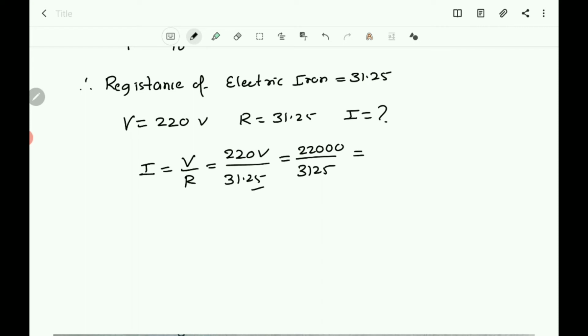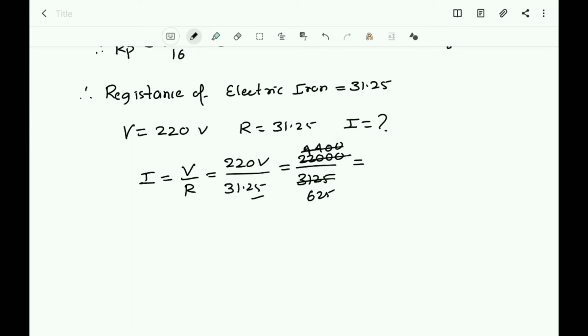We know that it is divisible by 5. 5 2s and 5 5s, 5 4s 20, 0 0. Again it is divisible by 25.